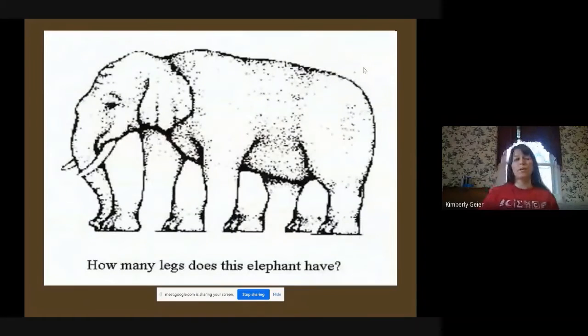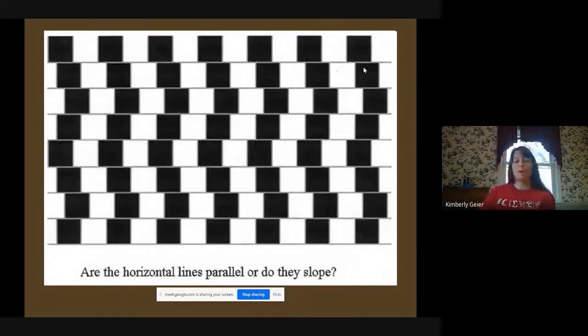So how many legs does this elephant have? Maybe you see 5 feet, 4 legs. You know elephants are only supposed to have 4 legs. How about this one? Are the horizontal lines parallel, or do they slope?